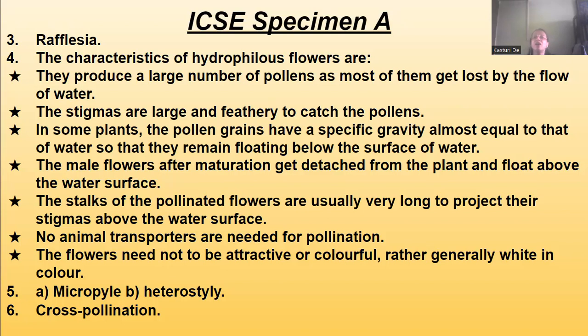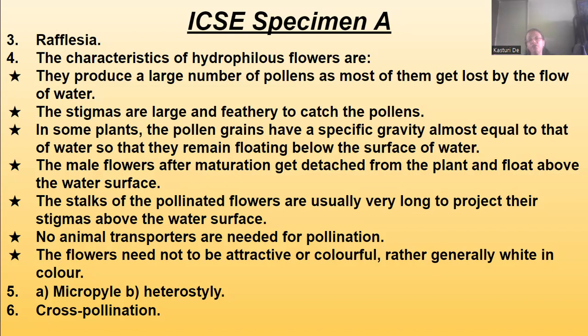Then the stigmas are large and feathery so that they can catch the pollens very easily. In some plants, the pollen grains have a specific gravity almost equal to that of the water, so they can remain floating just below the surface of the water. Here generally the flowers are unisexual.